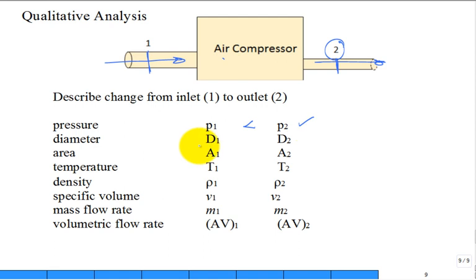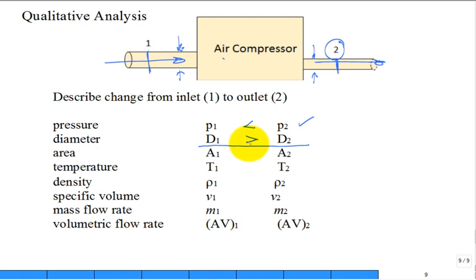What about the diameter of the inlet-outlet pipe of a compressor? Probably not as important, but as I've shown it here, visually, which one appears to have changed? The smaller outlet. So often the outlet diameter is smaller than the inlet.